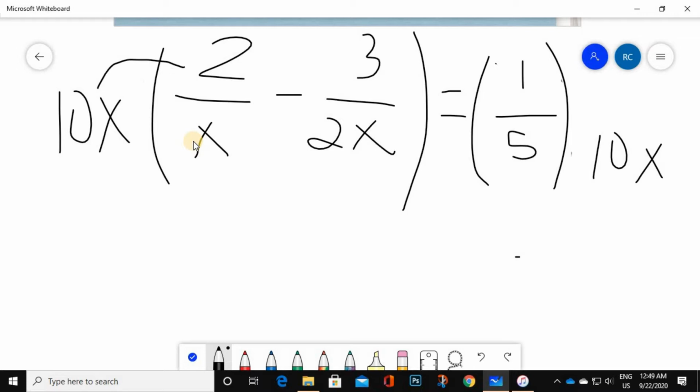So 10 times 2 becomes 20. Next, 10x times negative 3 over 2x. So, eliminate the x. 10 divided by 2 is 5 times negative 3. So, negative 15.